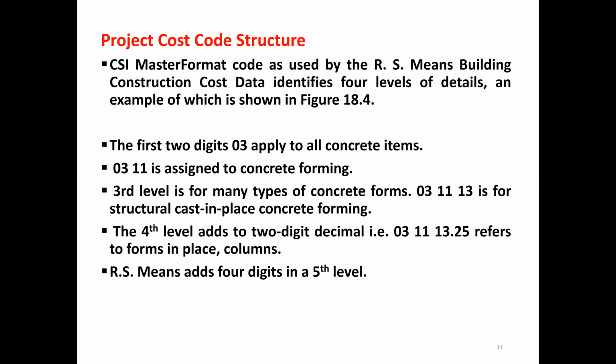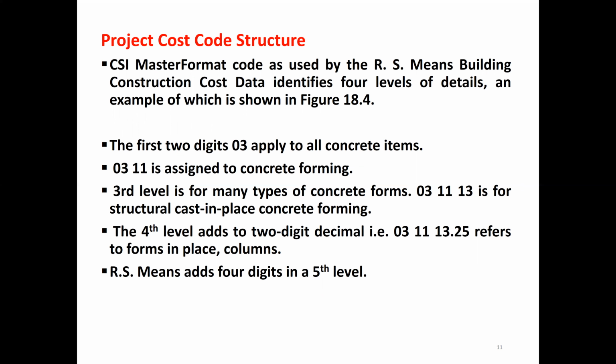Now let's see as we move to the project cost code structure. The CSI MasterFormat code as used by RS Means building construction costs identifies four levels of details, an example of which is shown in figure 18.4.